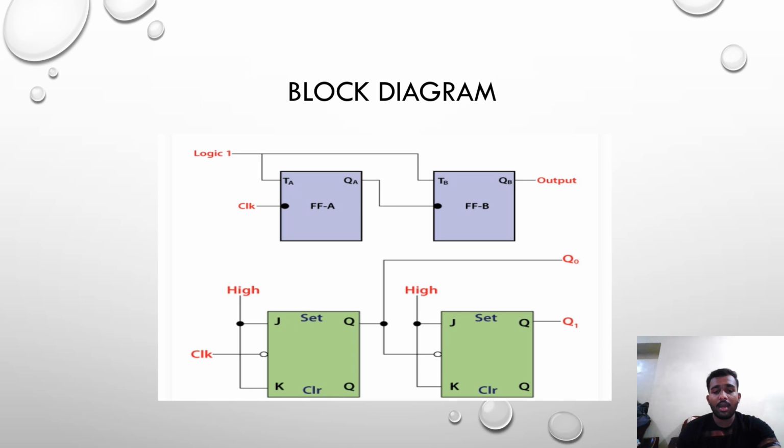For JK, the high state is connected to the inputs of the JK, and the output Q is connected to the clock of the next flip-flop.